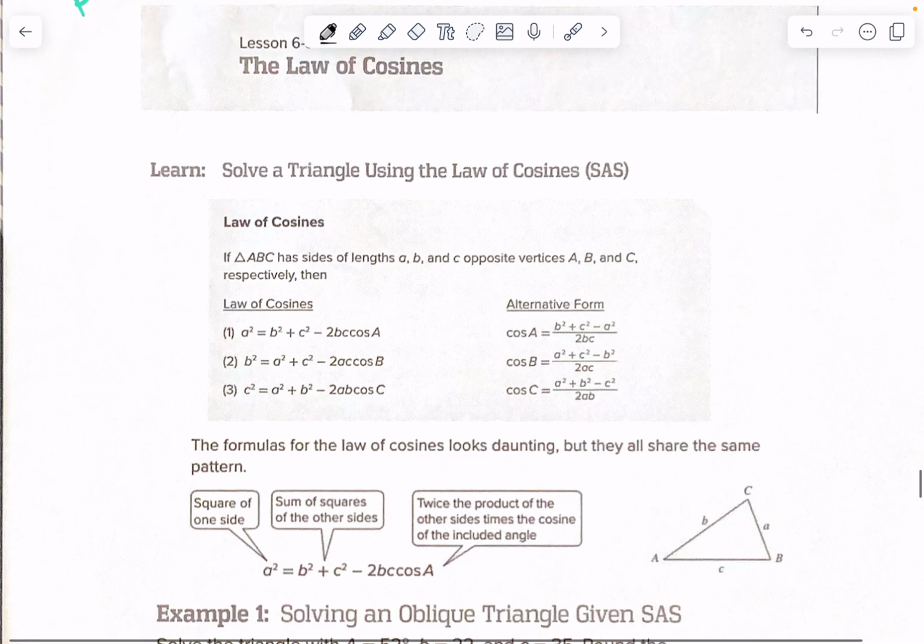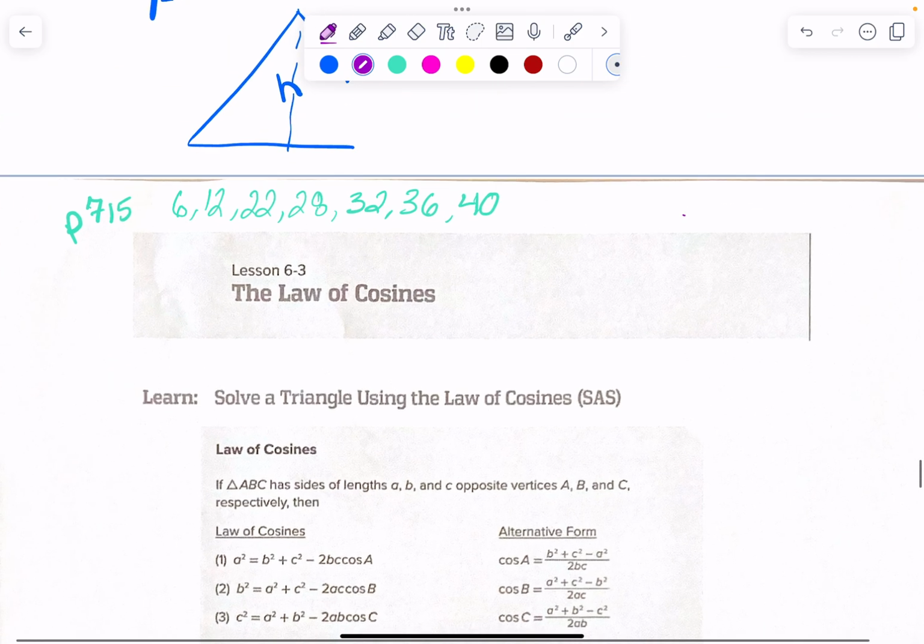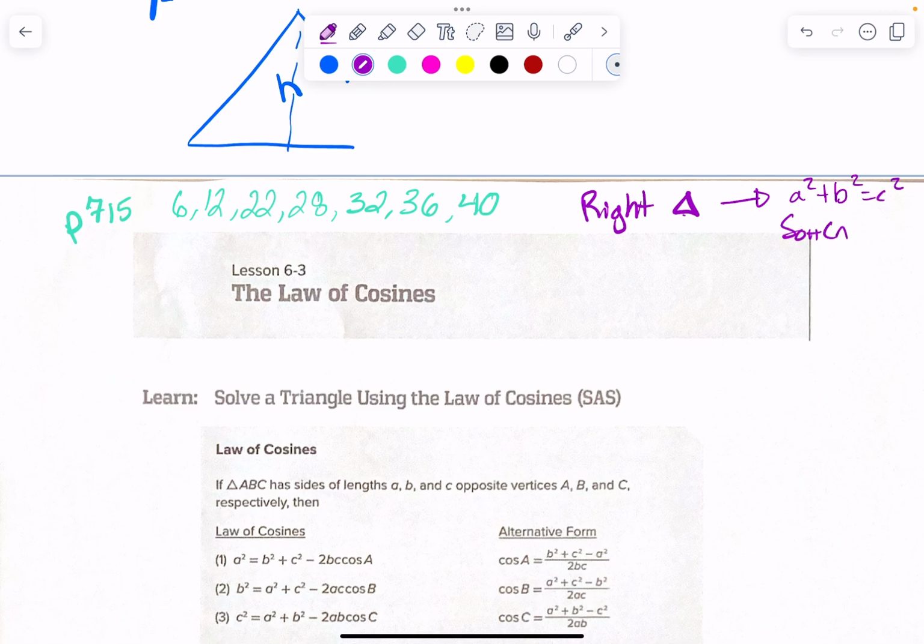So the law of cosines, just as a review. Let's backtrack a little bit. We have right triangles. If we have a right triangle, we have options. We can use the Pythagorean theorem, a squared plus b squared equals c squared, or we can use SOHCAHTOA. If we have a non-right triangle, they call it an oblique triangle.